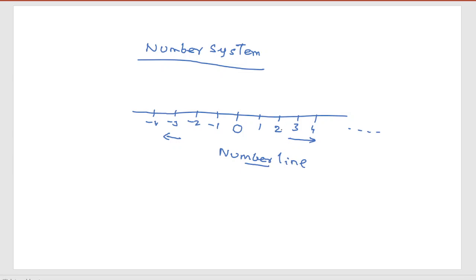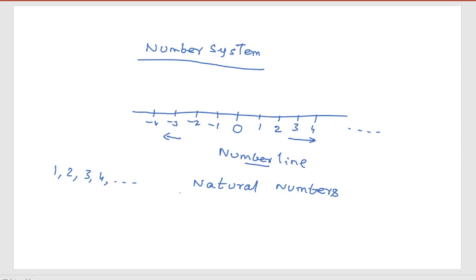Now we will give some names to these numbers. The positive numbers 1, 2, 3, 4, and so on to infinity, we call natural numbers. Please observe that we have not included 0 here.